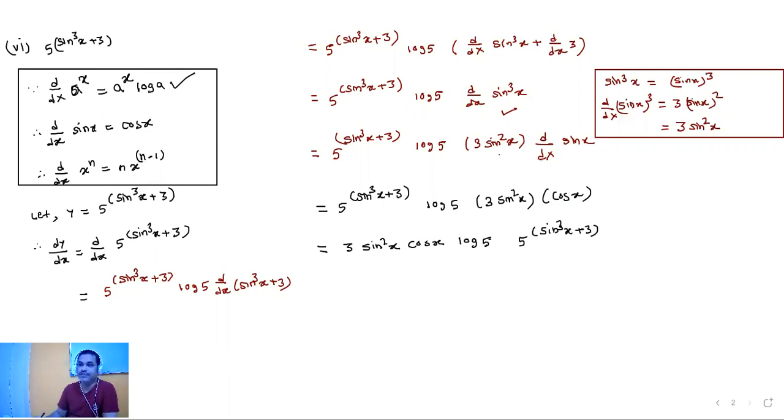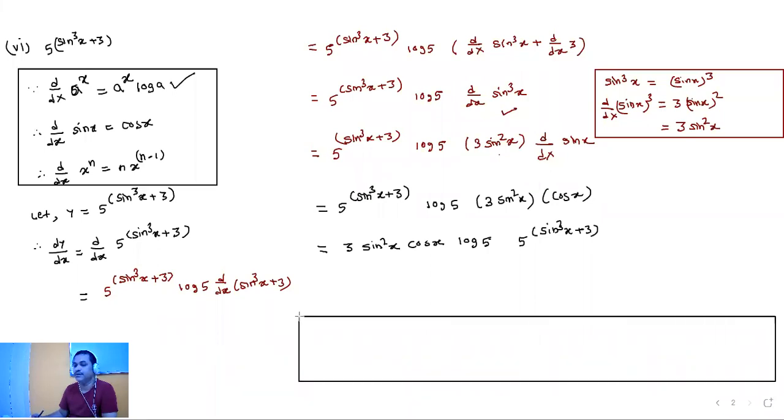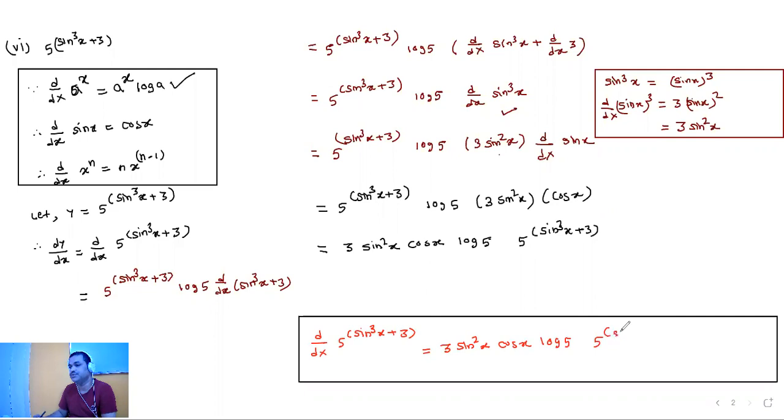We always need to mention this answer in the bracket, because that is necessary for the whole pattern of presentation. Let me write the answer in the proper bracket at the end: d by dx of 5 raised to sine cube of x plus 3 is equal to 3 sine square x cos of x log 5 into 5 raised to sine cube of x plus 3. So this is the final answer.